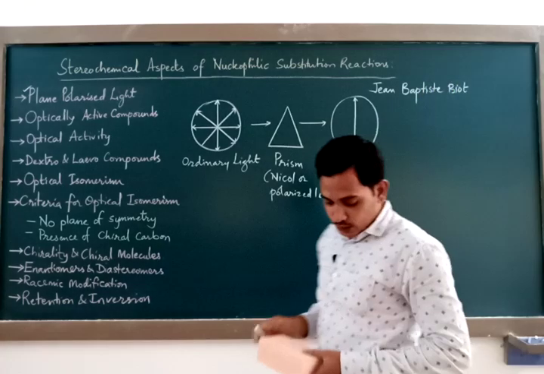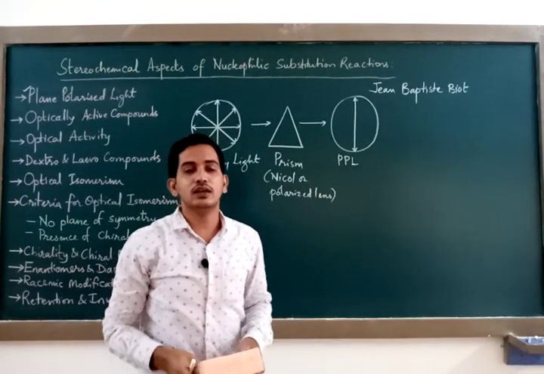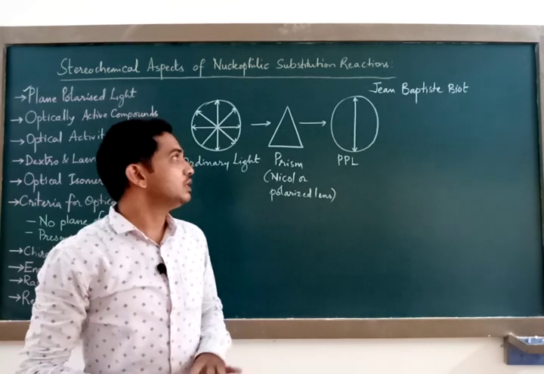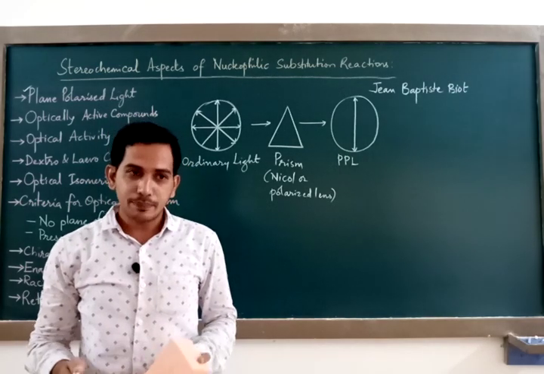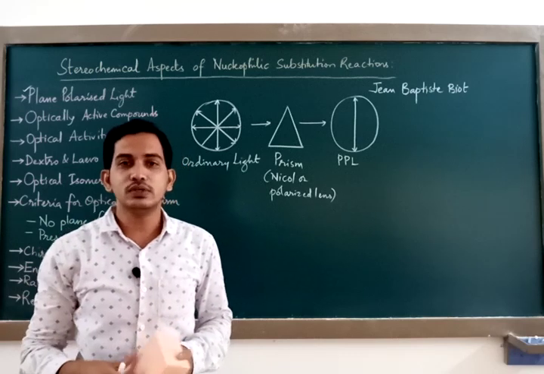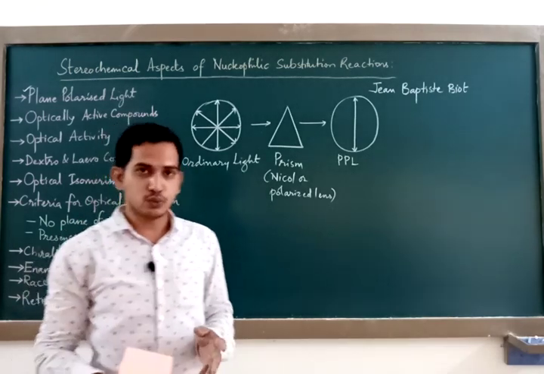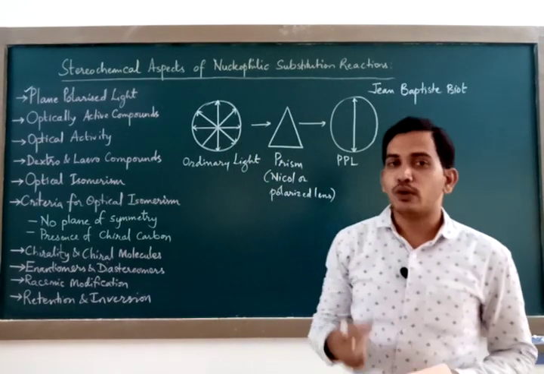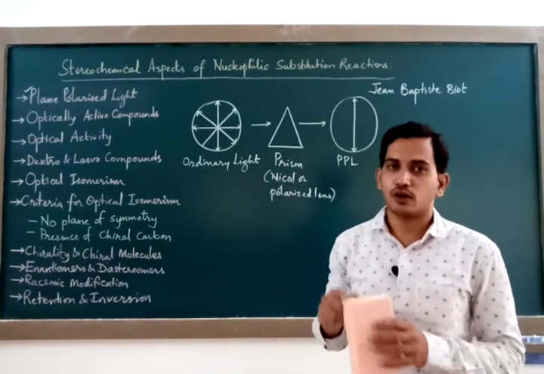Biot's observations hold a very great value in optical studies. So Jean-Baptiste Biot passed plane polarized light through the solutions of several organic compounds, like sucrose, oil of turpentine, camphor, etc., and he found out whether they are optically active or not.